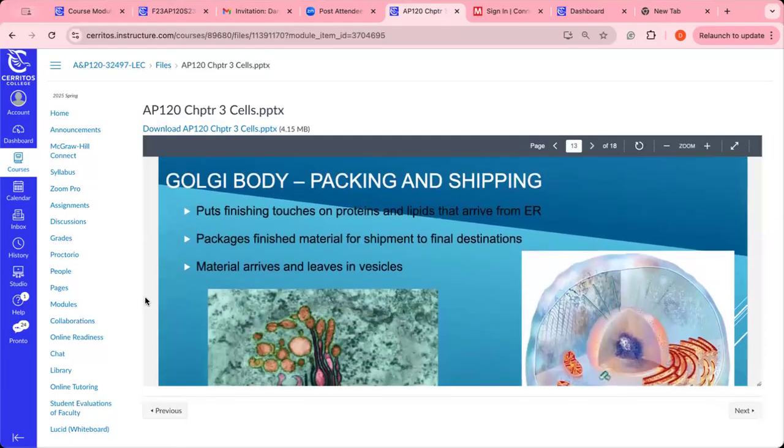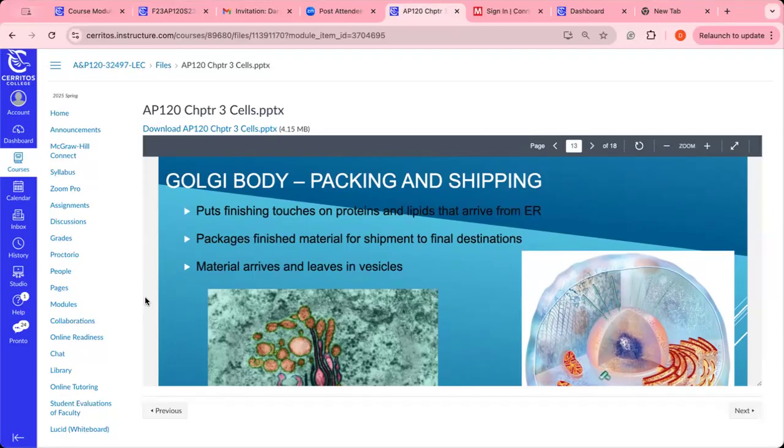Okay, then we have Golgi bodies. Golgi bodies do the packing and the shipping. So they put the finishing touches on proteins that arrive from the rough ER, from the ribosomes in the rough ER, and the lipids that arrive from the smooth ER.